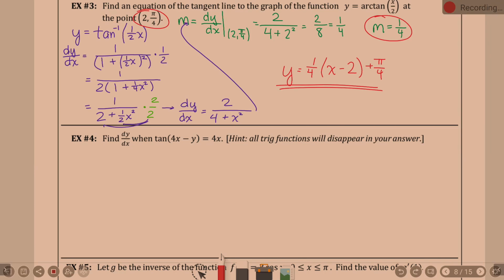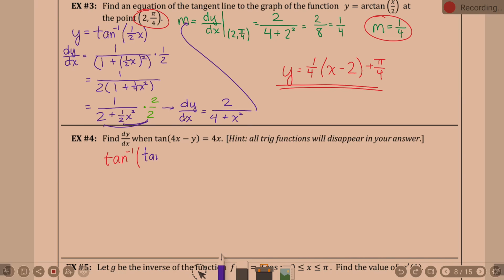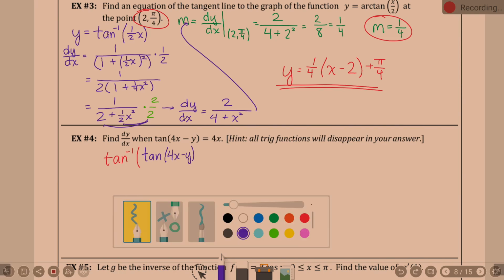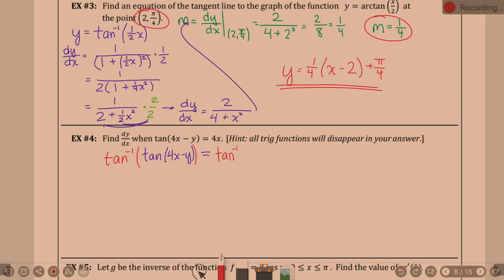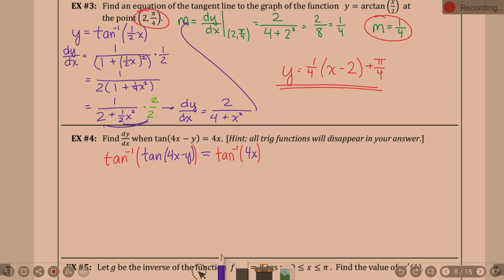So we're going to take tangent inverse of both sides. On the left, it's tangent inverse of tan of (4x minus y). On the right, tangent inverse of 4x. Now, this is a technique.